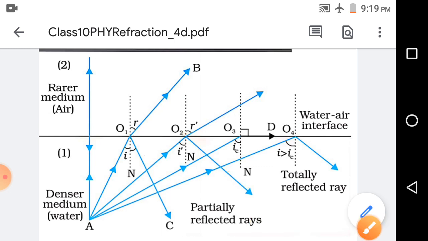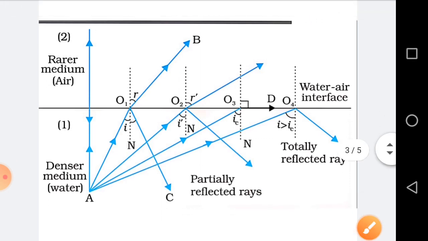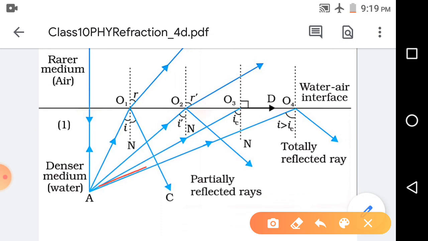Now for the third time, the light is incident at the point O3, and it is refracted toward OD, and for the fourth time it is incident on O4, you can see on O4.